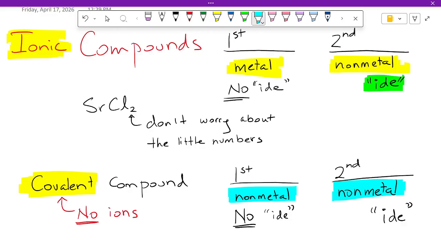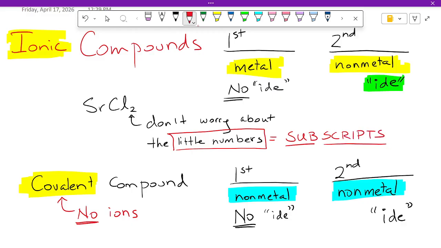Those little numbers are called subscripts. If you go in a submarine, where do you go?